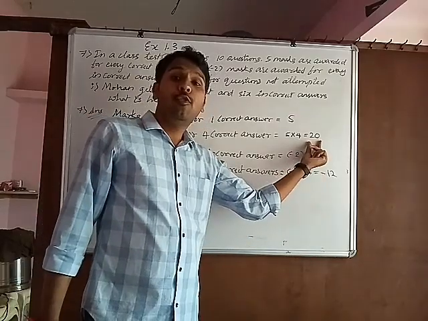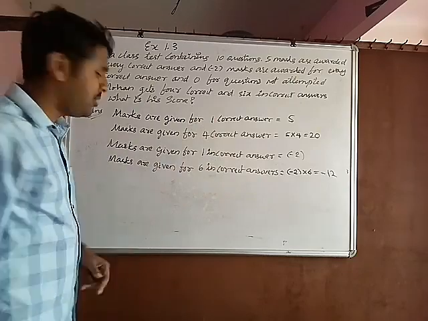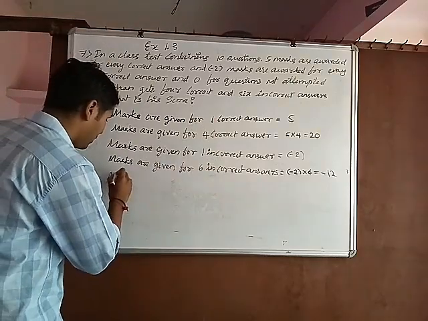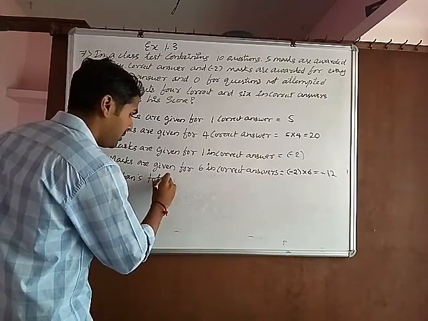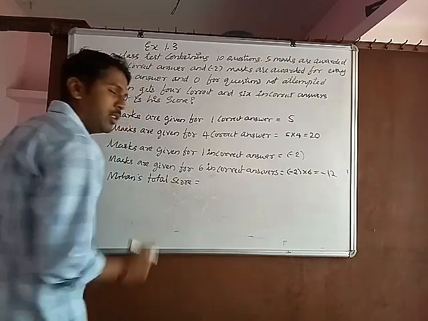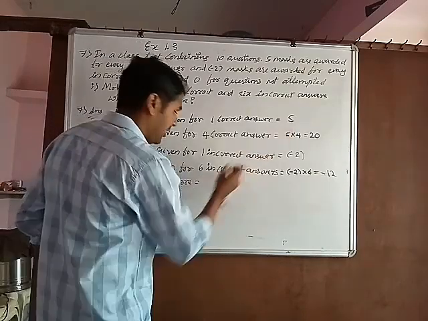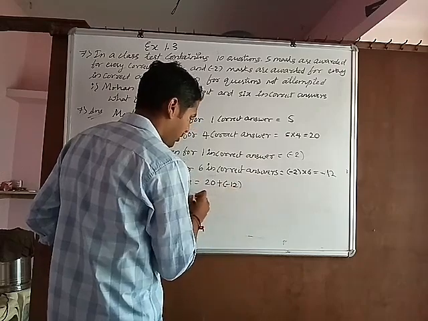20 is for 4 correct answers. So total score, total means we have to add it, no? So add it. Mohan's total score equals to 20 plus minus 12. So solve this one.